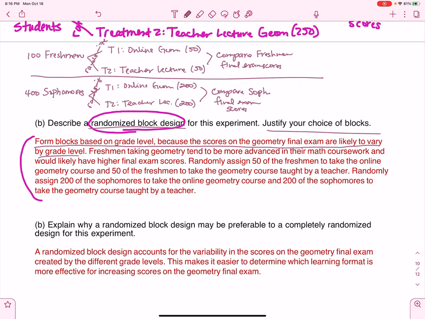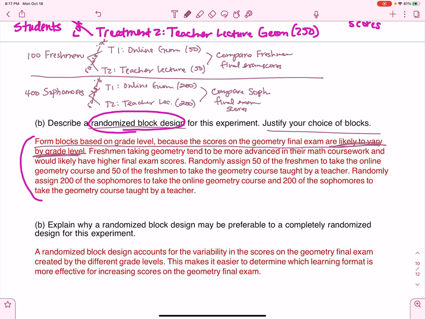For instance, if I give you information and say we have 35 freshmen boys and 15 freshman girls, and we have 60 sophomore boys and 40 sophomore girls, create an experiment for this. Just because they're separated by gender and grade level doesn't mean you have to block. You only block when you believe that you're likely to see some variability based on a certain characteristic.